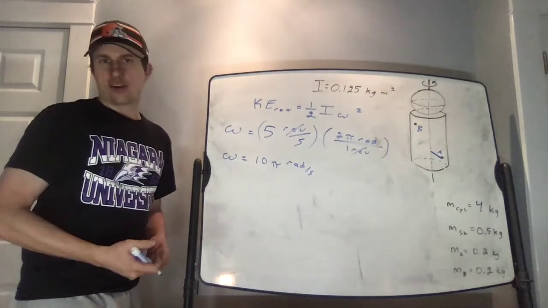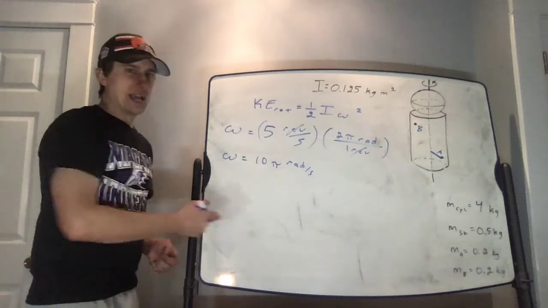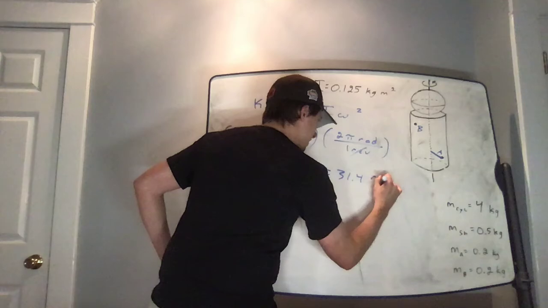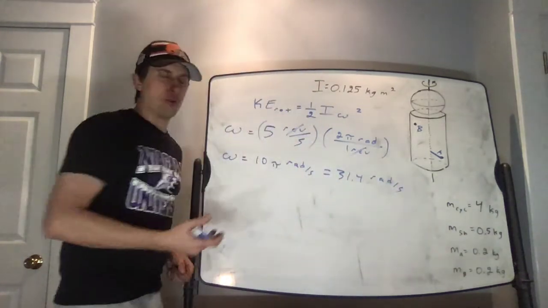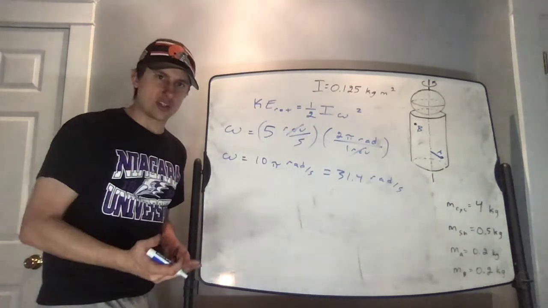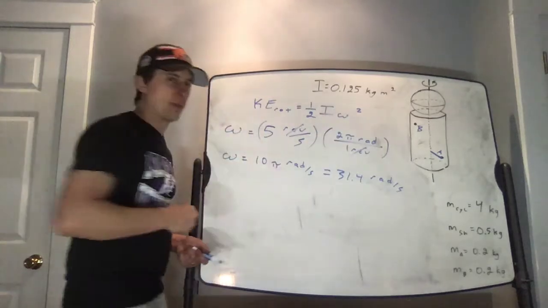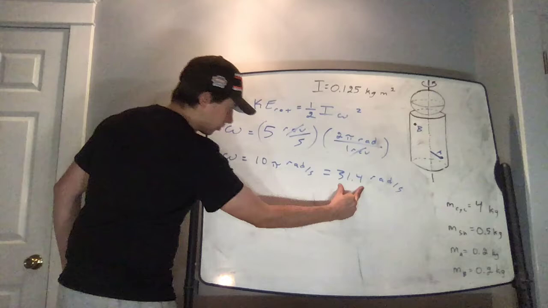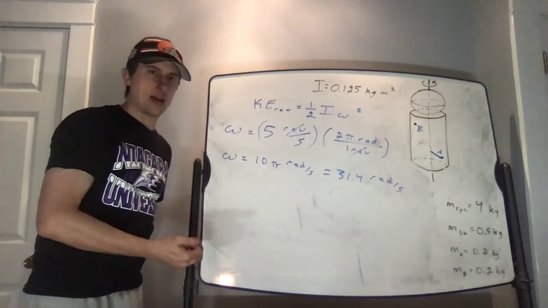If I want, I could multiply 10 times pi and get 31.4 radians per second. I don't think it's that important. As long as you have the correct term plugged in for omega, you'll be okay, whether you write it like 31.4 or 10 pi.